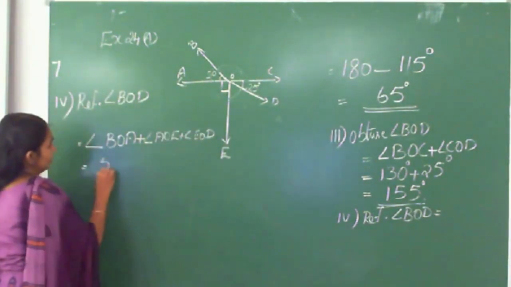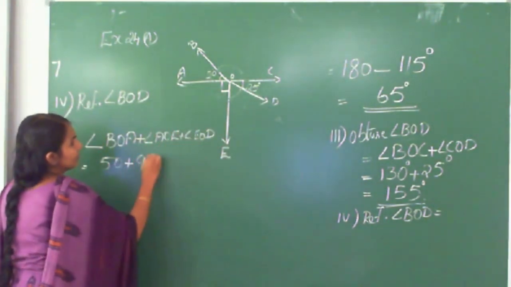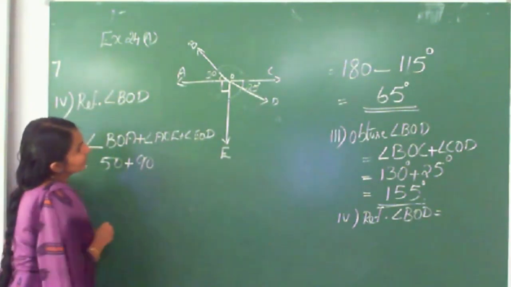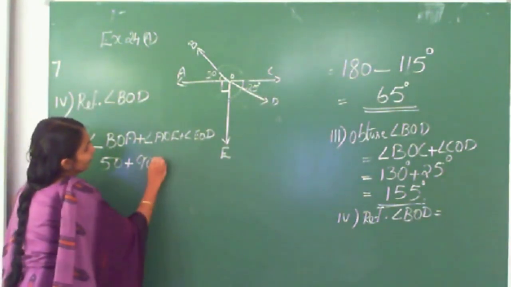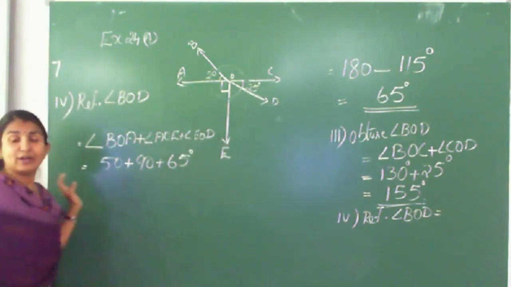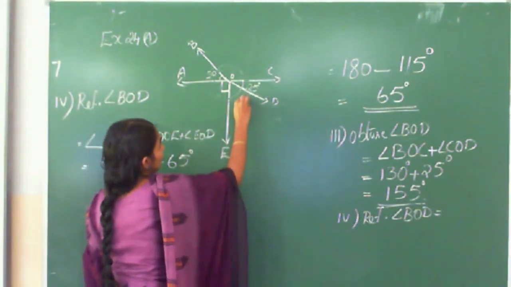Angle BOA is 50 degrees plus this angle is 90 degrees plus the other angle, what is that angle? 65 degrees. So whenever we are finding angles one by one, we can write them over there.